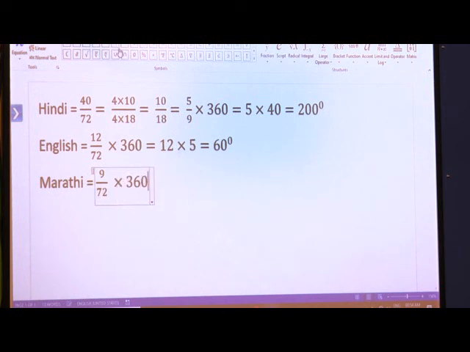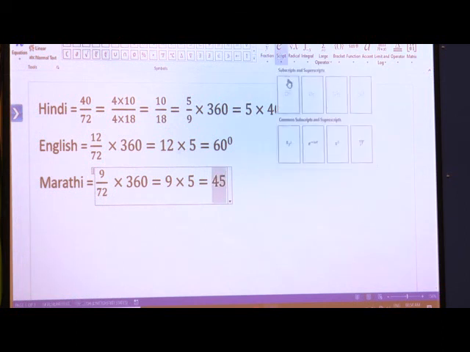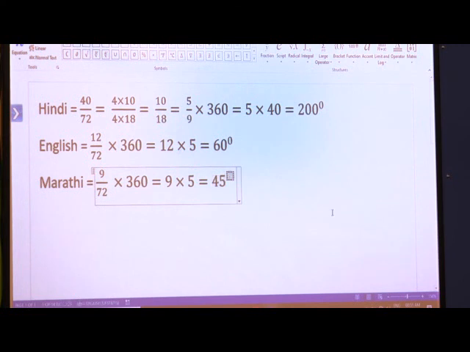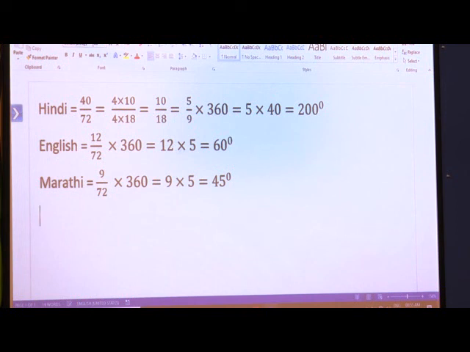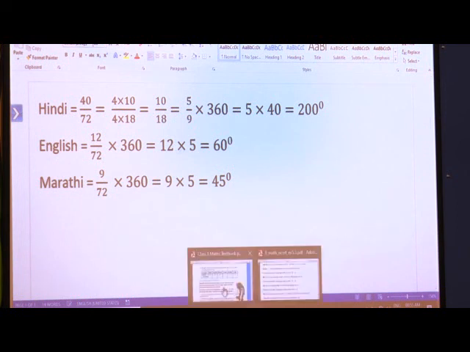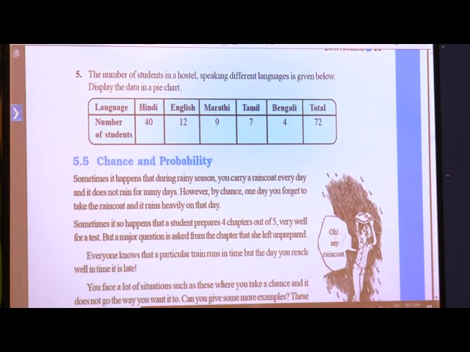Again we can do the same thing, that is 9 multiplied by 5. I hope this is much faster: 45 degrees. This is 45 degrees. Proceeding further, for the next language, Tamil, 7.